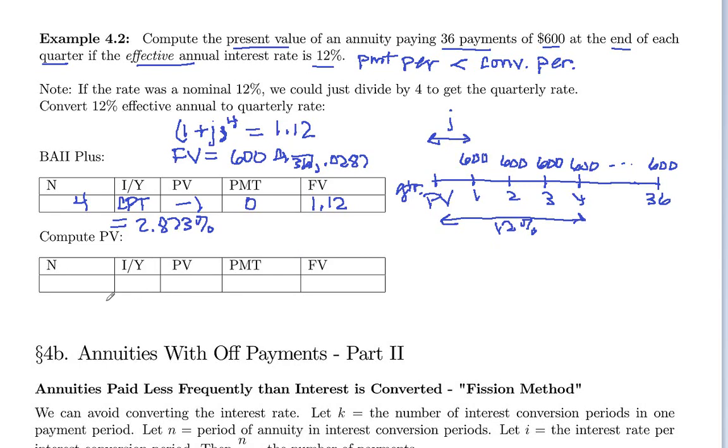If we're using TVM keys, we're going to set n equal 36. Our I/Y is already in there. PV is what we're computing. Payment is going to be 600. Let's consider that cash outflow, and FV is 0.